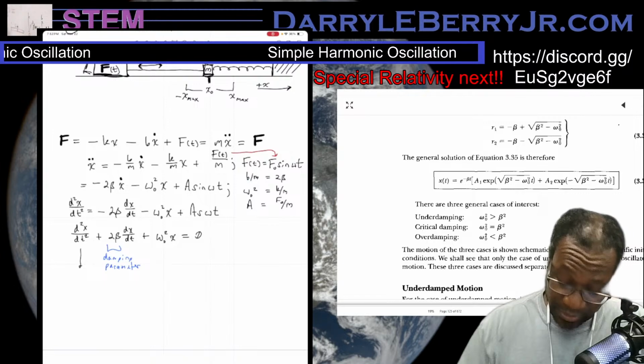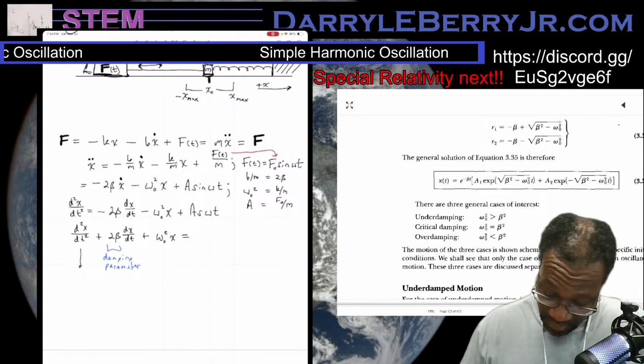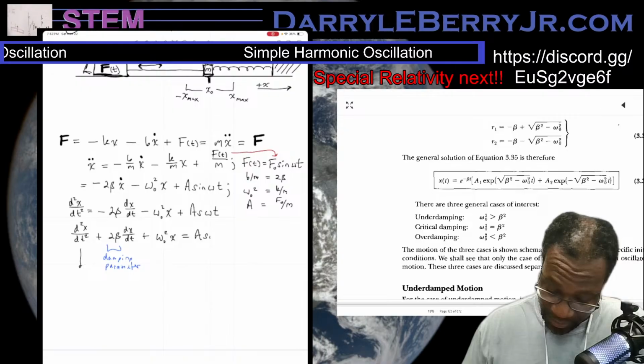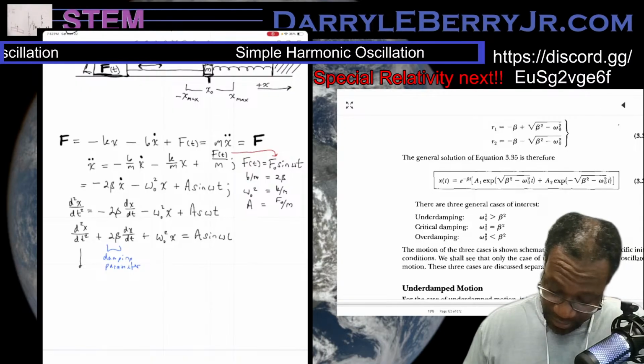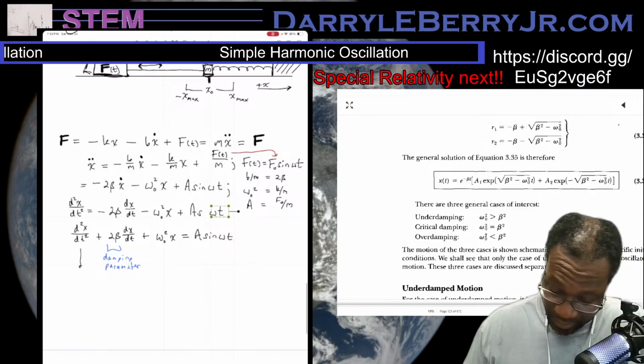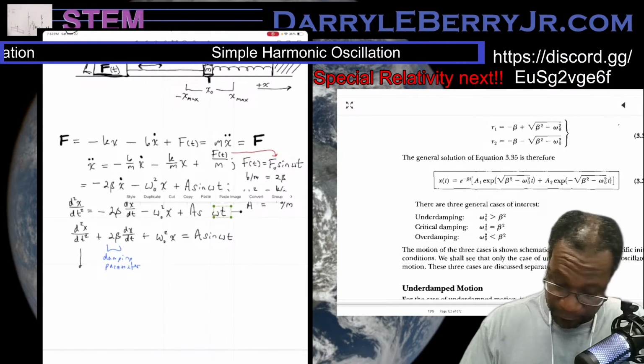And now it is non-homogeneous because when I bring it to the other side there, I still have A sine omega t.